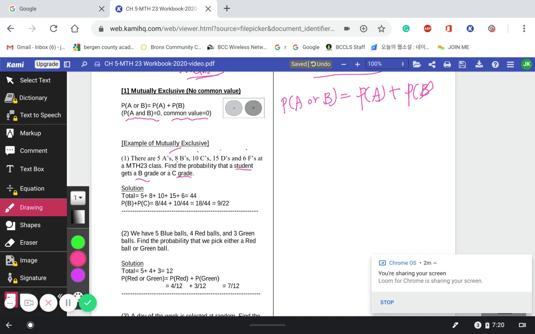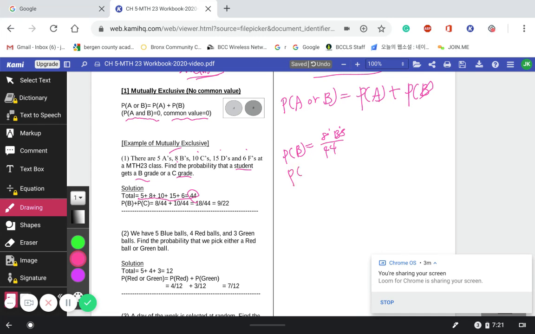So again, the probability of getting a B grade: there are 8 B's out of the total. The total is adding all these numbers, which is 44. So your probability would be 8 out of 44.